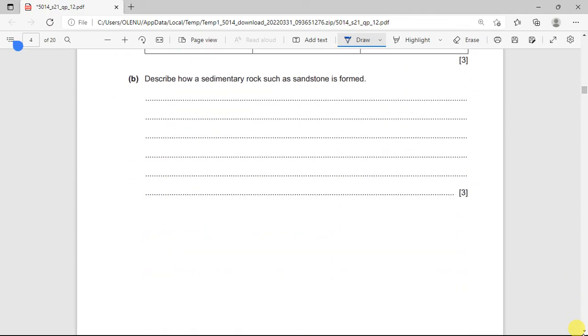Now, describe how sedimentary rocks such as sandstone, which is another example of sedimentary rock, are formed. First, sediment comes from eroded, weathered rocks.